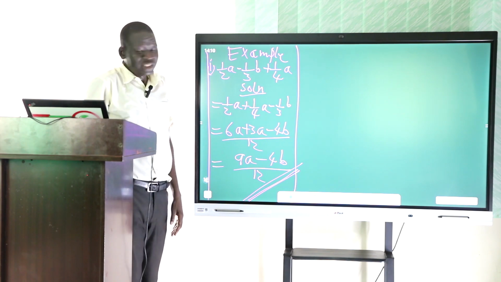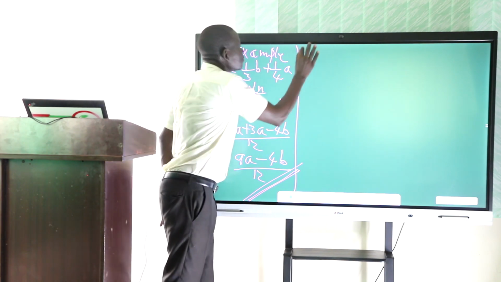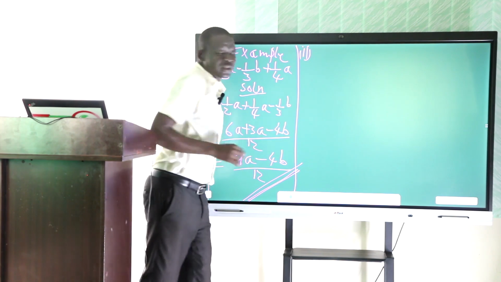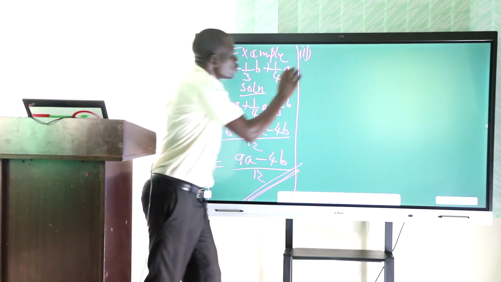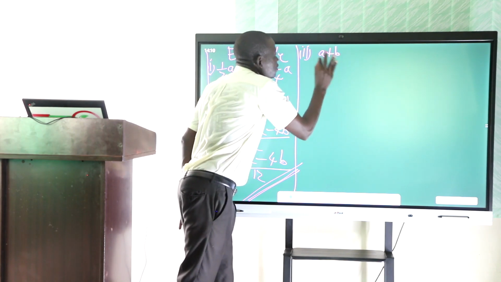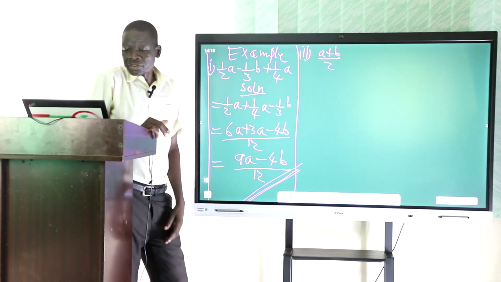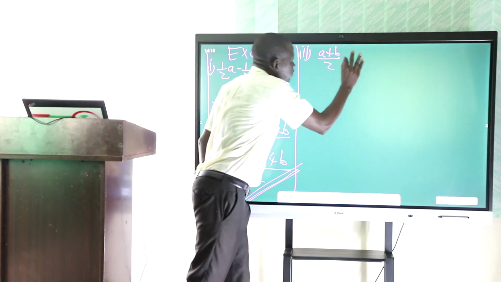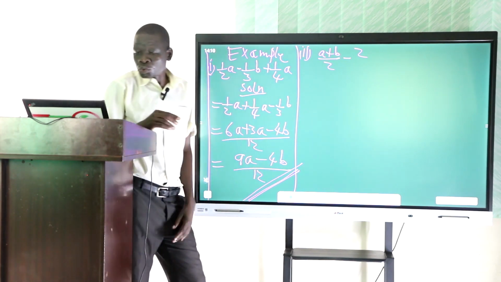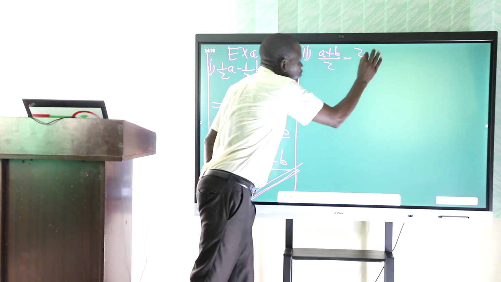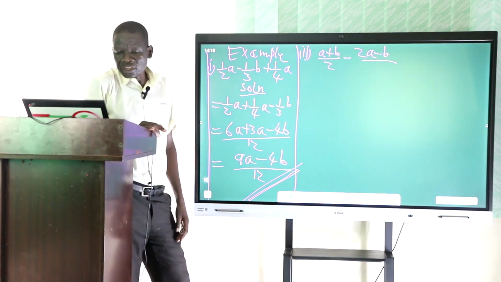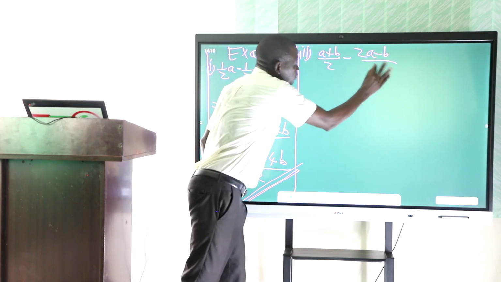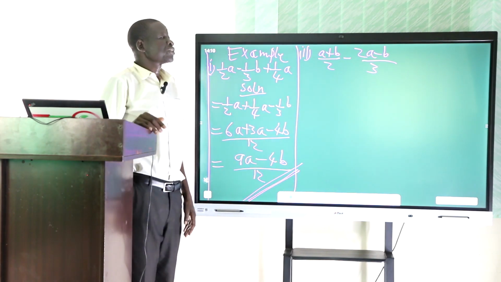We can look at example 2, which says A plus B over 2, minus 2A minus B, all over 3. Here, the process is the same.